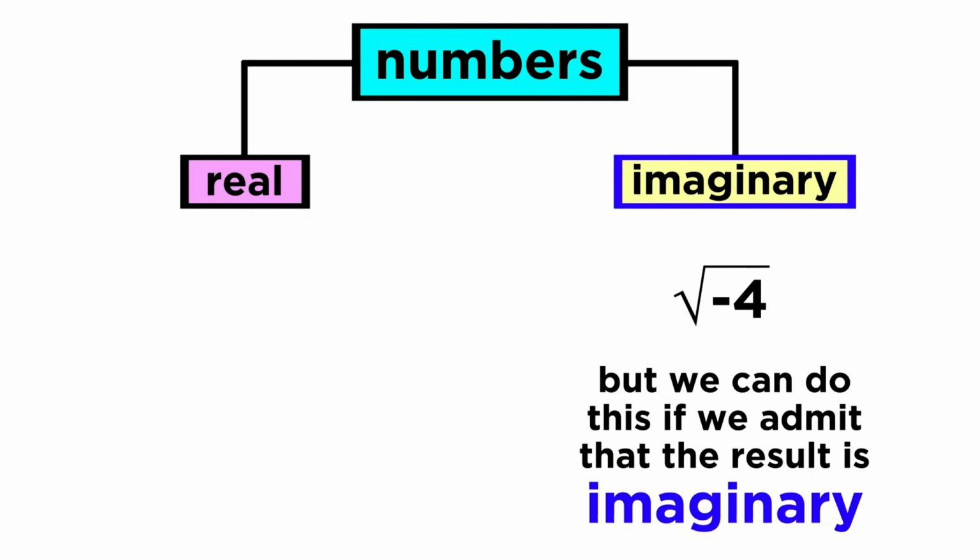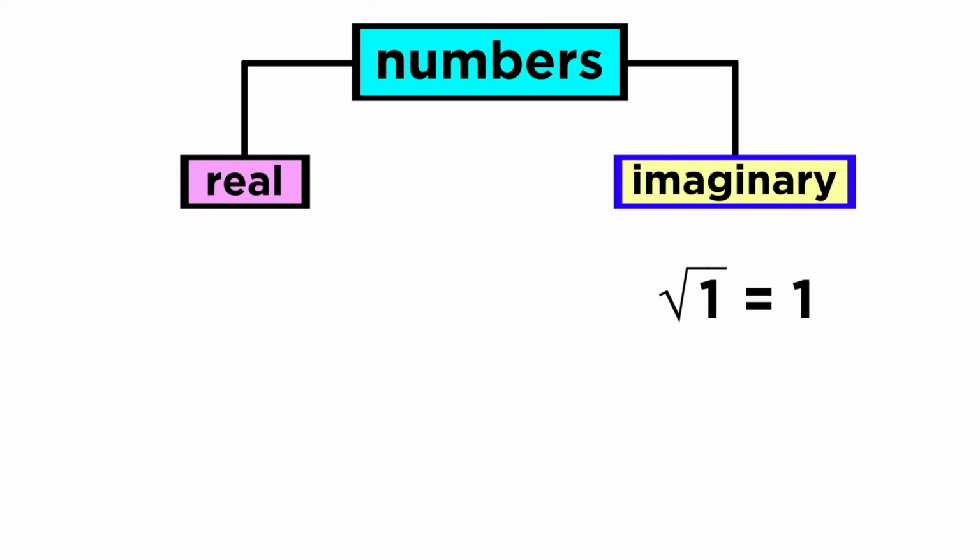However, in another sense, we can take the square root of a negative number if we admit that the result is imaginary. While the square root of 1 is simply 1, we will say that the square root of negative 1 is i. This is a lowercase i, always in italics, and it is the fundamental imaginary number.